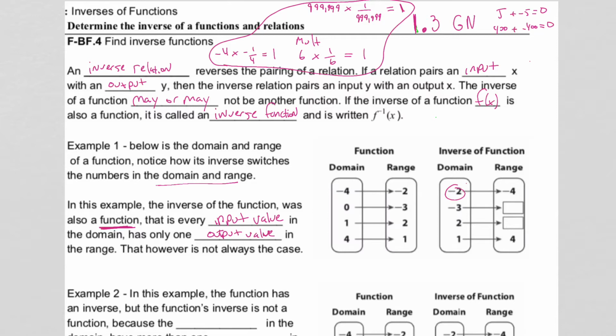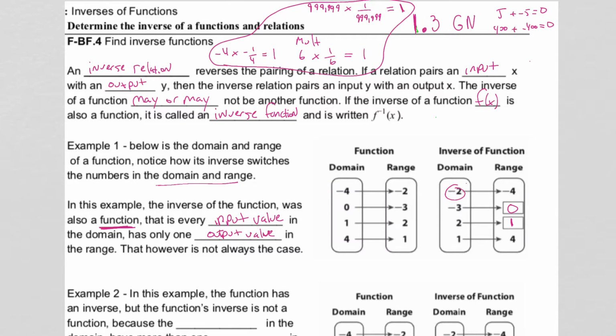And in this case, it's true. Now I'm going to fill in these numbers here. If the domain has -4, it gives me an output of -2. If I put a -2 for the inverse, I'm going to get -4. And if it doesn't work out that way, then you don't have the inverse.